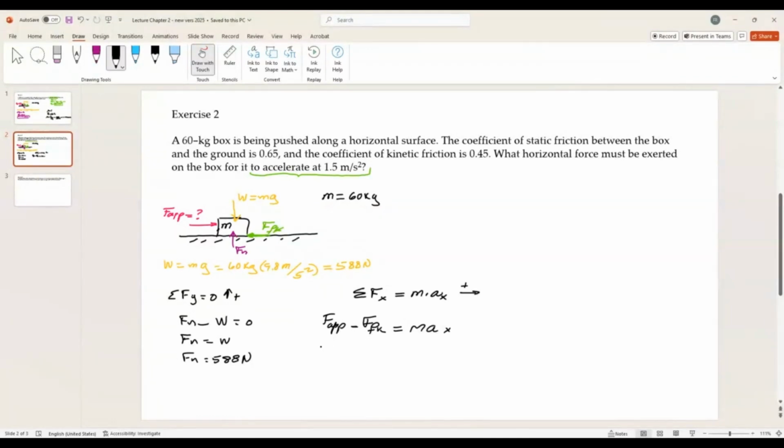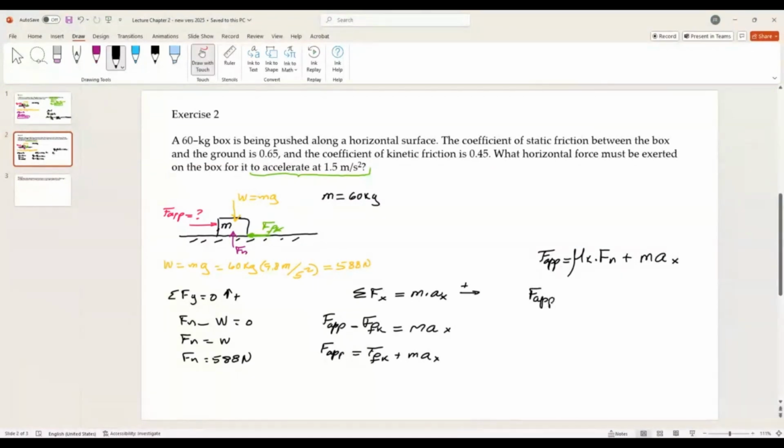We want to solve for the force that we apply. So the applied force is equal to the force of kinetic friction plus the product of the mass times the acceleration in that direction. So now the force of kinetic friction will be mu sub k times the normal force, plus mass times the acceleration in x.